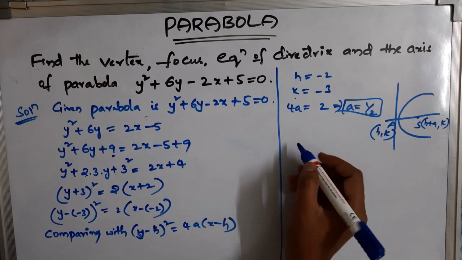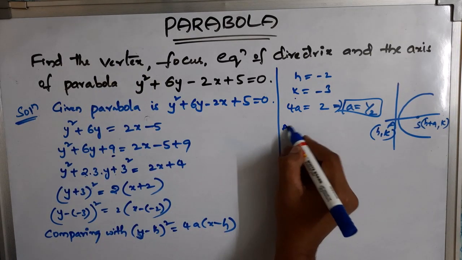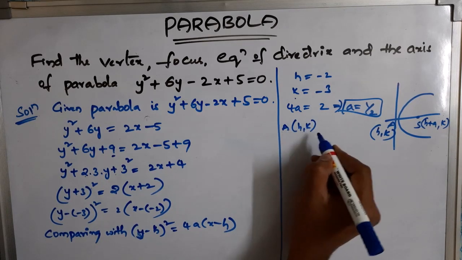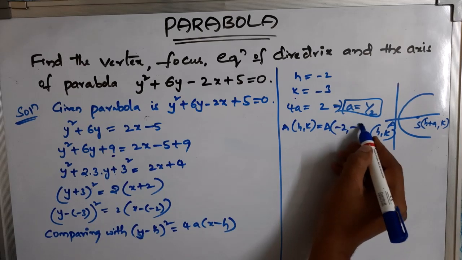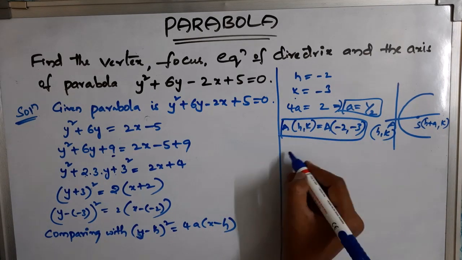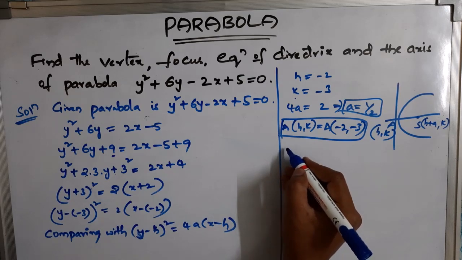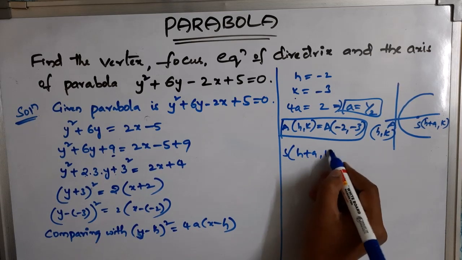Okay, now first we have to find the vertex, right? Vertex is h comma k. We know the value of h and k, minus 2 comma minus 3. So the first one is over, and the second one is focus, h plus a comma k.